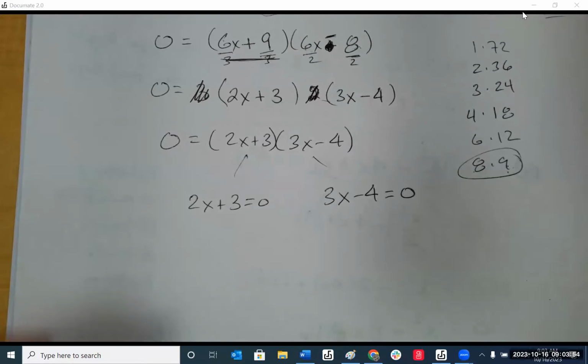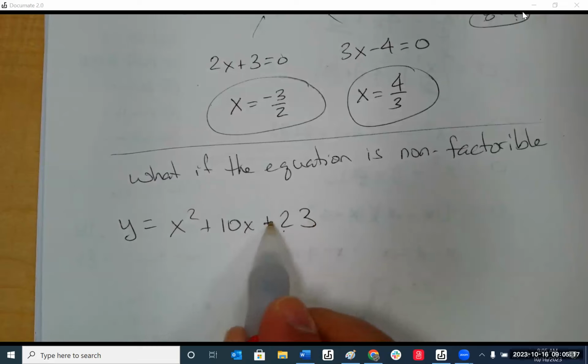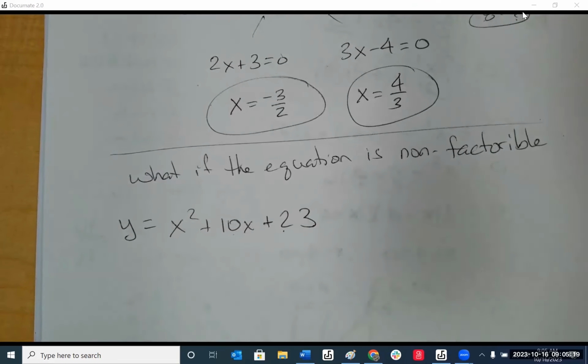If you can't factor it, in other words, if I gave you this example, because what times what is 23? When you add them, you get 10. That's a prime number. Yeah, you can't. So there's no factor. So we have to use another method. This is where we're going to learn how to complete the square.